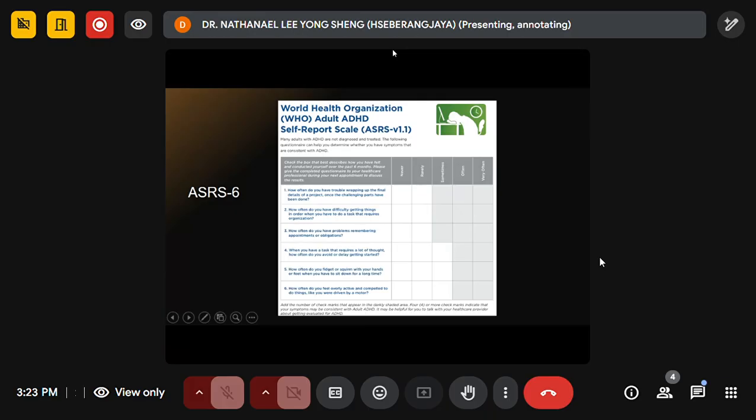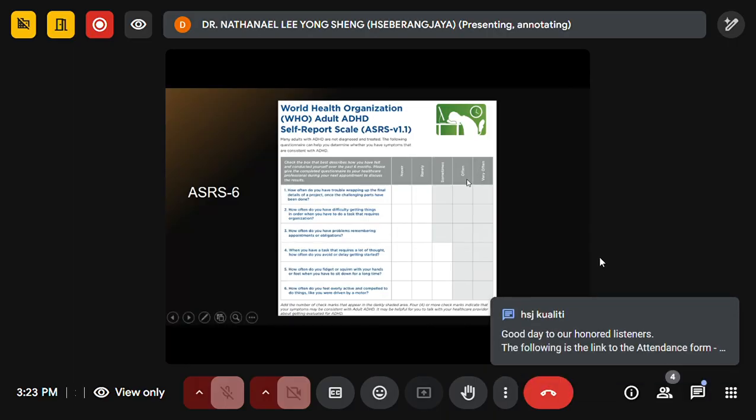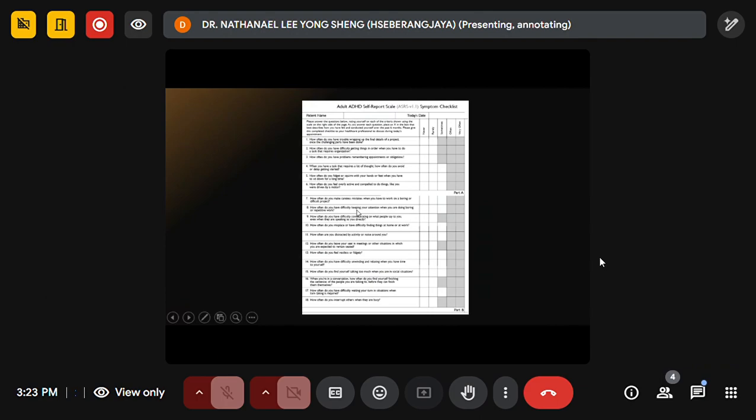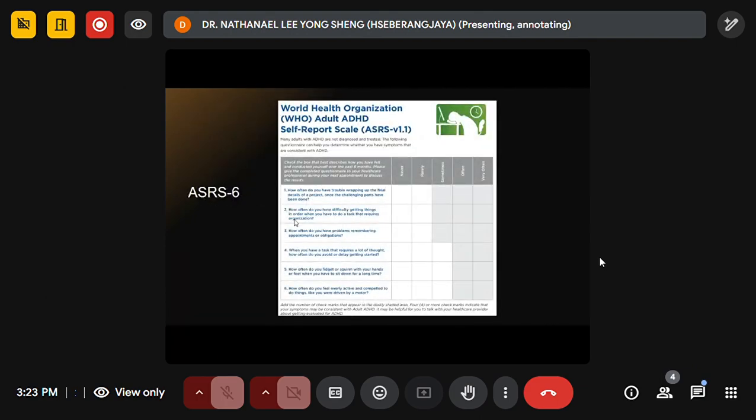However, you can actually use the shorter version of ASRS, called ASRS-6. It's actually only one part of the full version of ASRS. As you can see, it has similar questions, because these 6 questions in Part A are already enough to give you an idea.